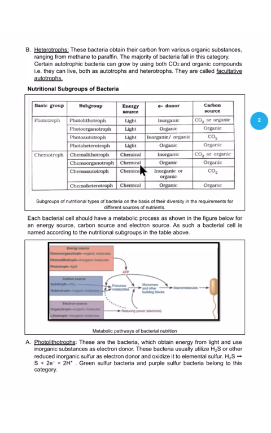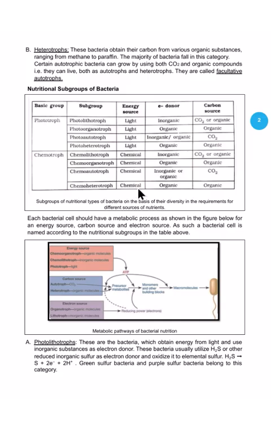Chemoorganotrophs use chemical reactions for energy source, organic for electron donor, and organic for carbon source. Chemoautotrophs use chemical reactions for source of energy, inorganic or organic as a source of electrons, and carbon dioxide, which is an inorganic compound, as a source of carbon.